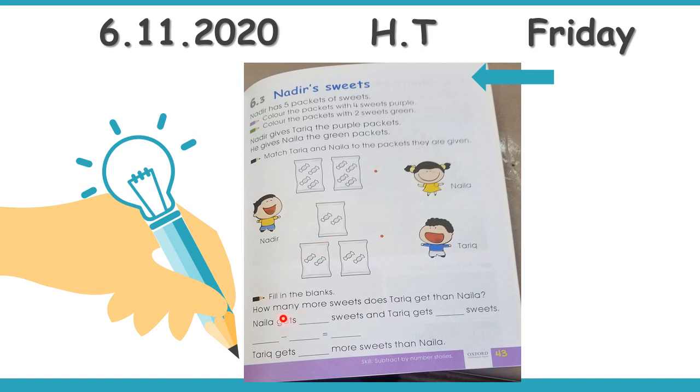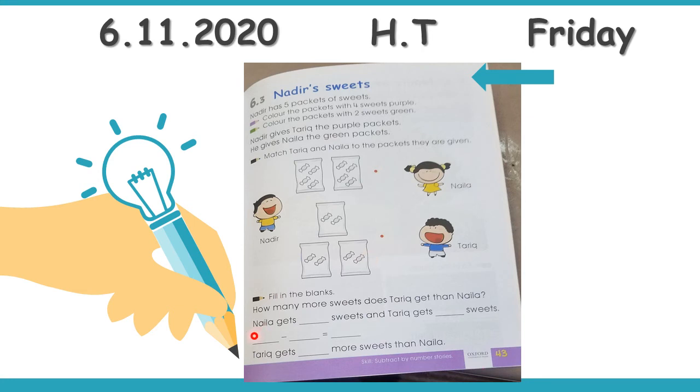Filling the blanks. How many more sweets does Tariq get than Naila? Naila gets dash sweets and Tariq gets dash sweets. Now let's count their sweets. First we will count Tariq's sweets. 1, 2, 3, 4, 5, 6, 7, 8. Tariq got 8 sweets and Naila got 1, 2, 3, 4, 5, 6.